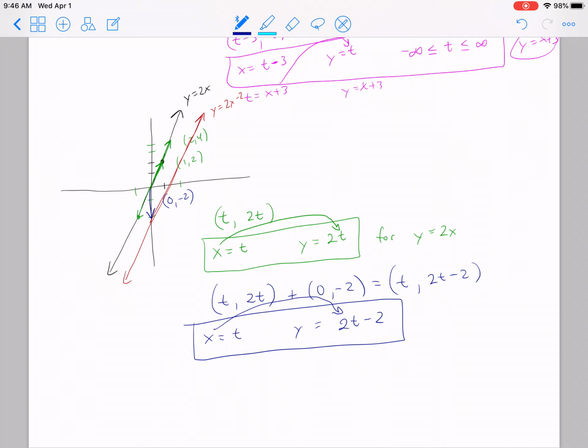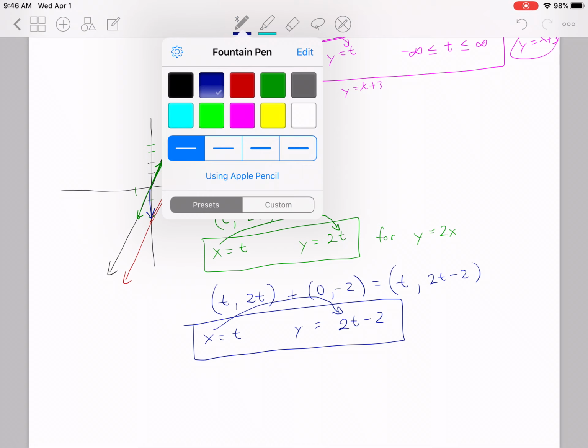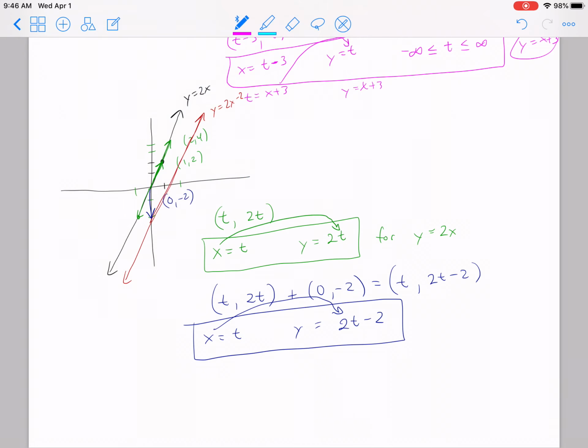But you can also have another way to write this function. Again, you could do a different shift, because this function can also be written as y equals 2 times x minus 1, in which case this looks like a slope of 2, same slope, but it's a shift to the right 1.